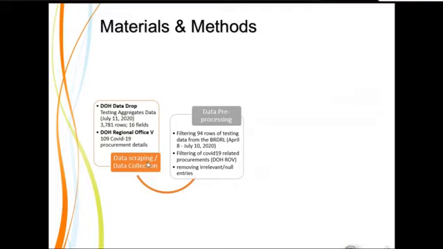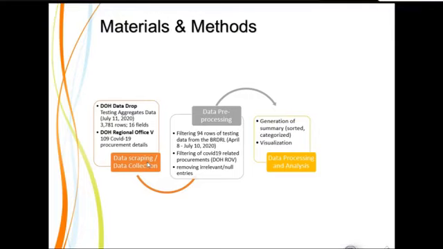Next comes data cleaning or data pre-processing, which entails filtering of the 95 rows of testing data, which all came from BRDRL with the dates from April 8 to July 10, 2020. Next is the filtering of COVID-19 related procurements from the DOHRO5, and finally removing irrelevant or null entries.